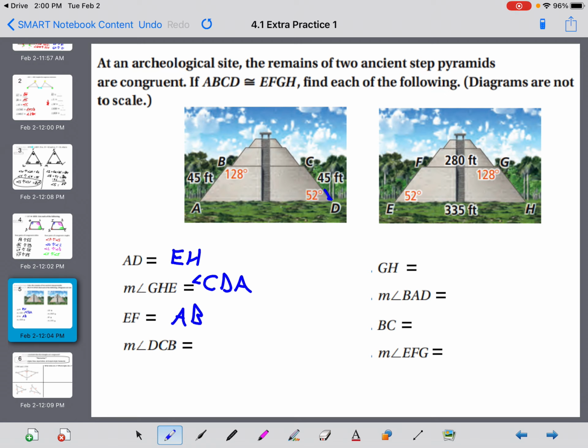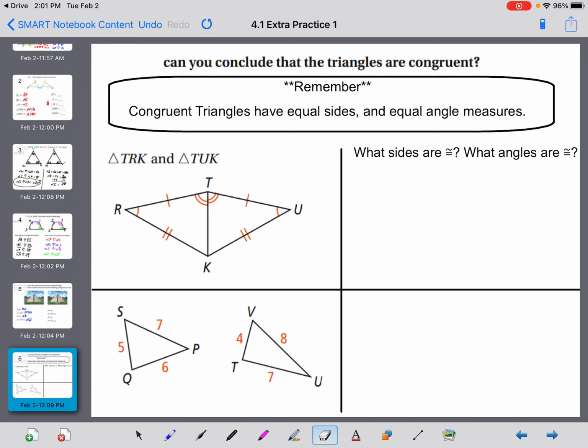Then we have DCB being congruent to HGF. Okay. All right, so why don't you guys try these 4 on your own, and I'll check your answers when you submit, and we'll move on to the last.